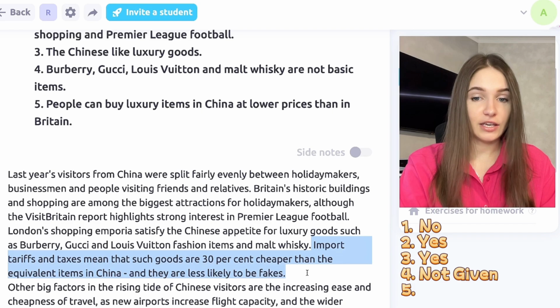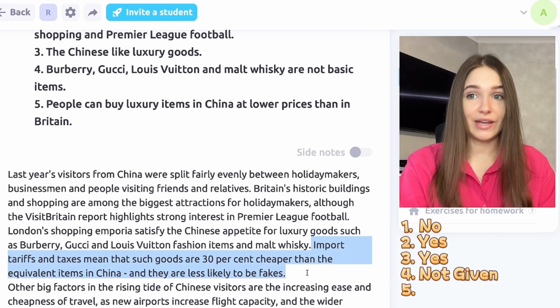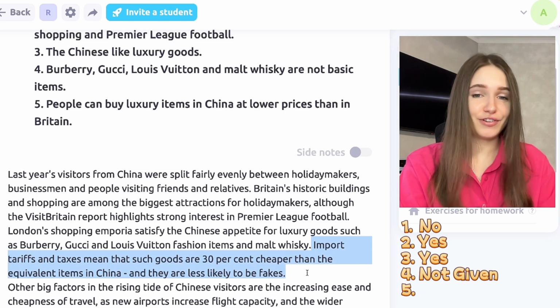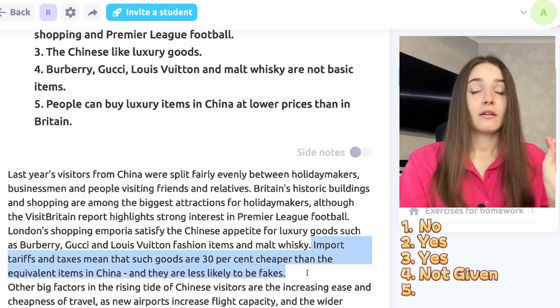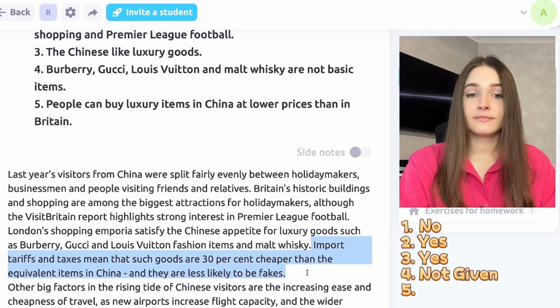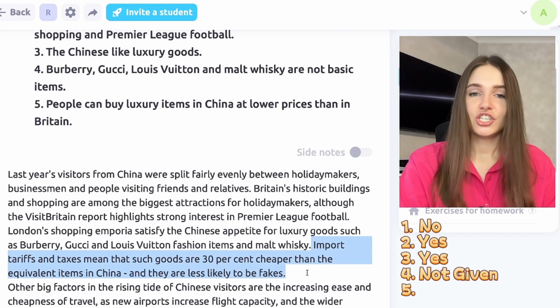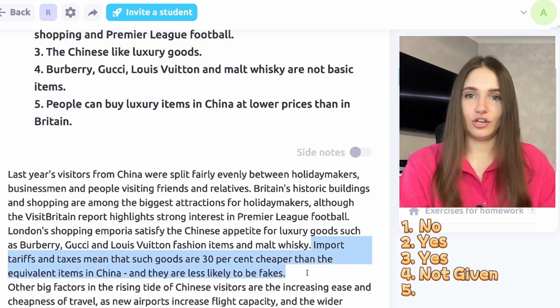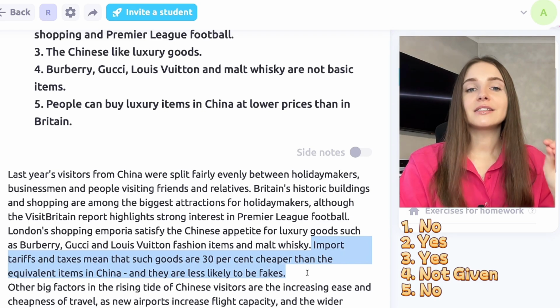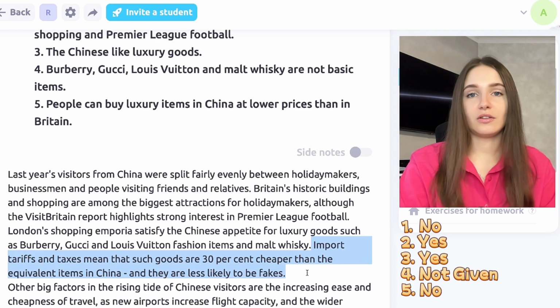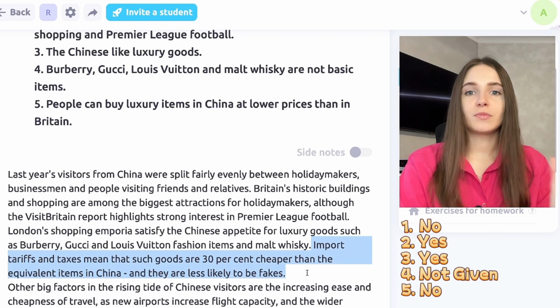We don't have it in this sentence, but we understand it from previous sentences. We have only 2 countries here, Britain and China. So we see that goods are cheaper in Britain than the equivalent goods in China. So here it is no, because the statement is false. They changed information here. They kind of swapped places.